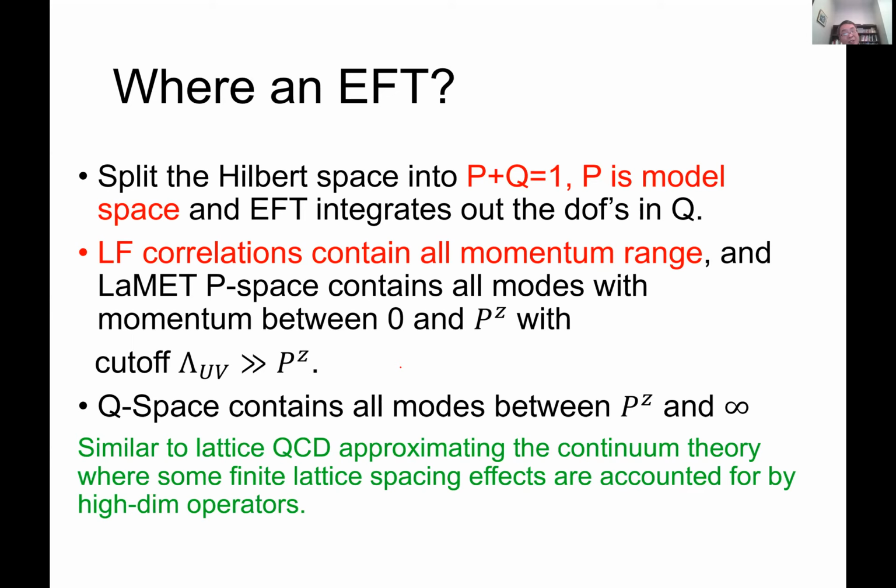And so you can split all the Parton physics into P and Q spaces. The P space contains all the modes with a momentum between 0 and pz, whereas the Q space takes into account all the modes between pz and infinity. And you can take into account the modes between pz and infinity through high dimensional operators.